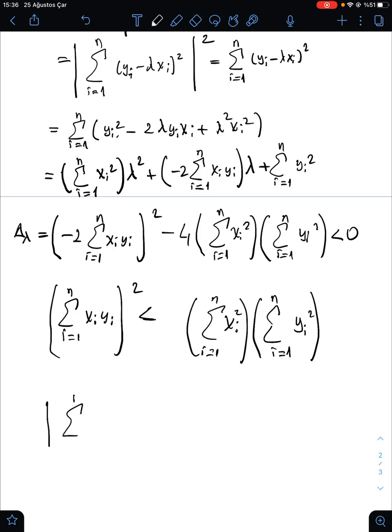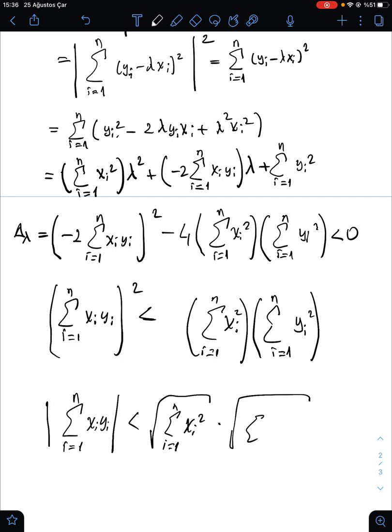Then we can take the square roots, and we have the absolute value of this left hand side, and square roots all over again of the sum of xi squared times the sum of yi squared.